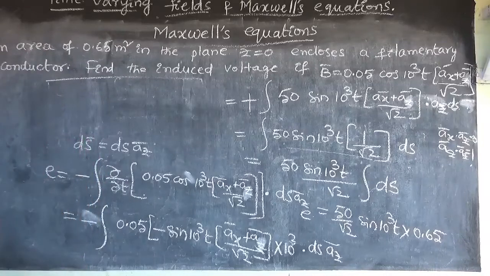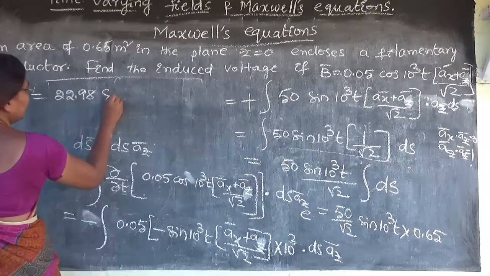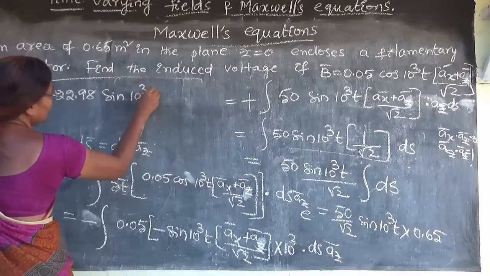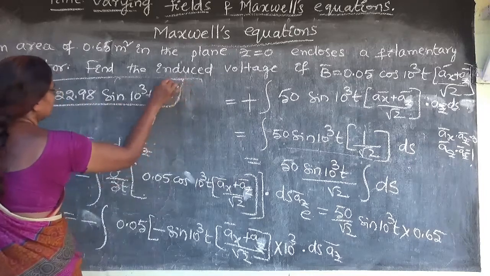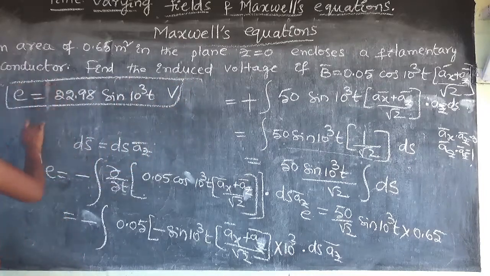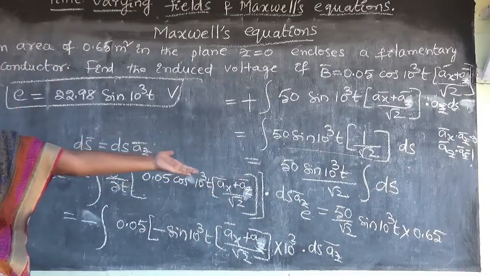So the answer is, I will give the answer. Induced EMF E is equal to 22.98 sin 10 cube t volts. So this is the answer. If you solve this, this is the textbook answer, you can check it.